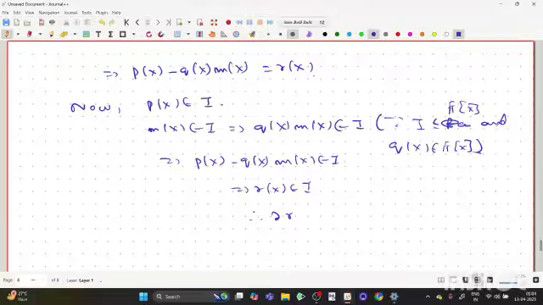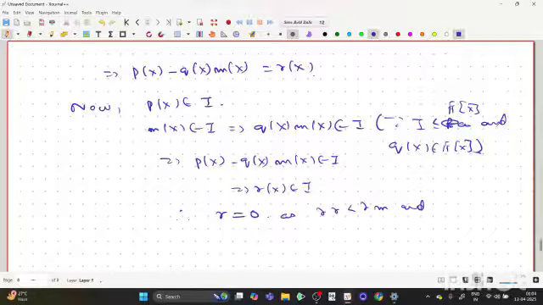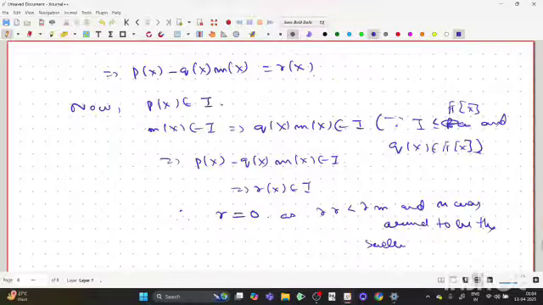What I mean to say is the following. Therefore, r must be identically 0, right? Why is it so? Because the degree of r is less than that of m, and m was assumed to be the smallest degree polynomial in I. So obviously there cannot exist a non-zero polynomial.